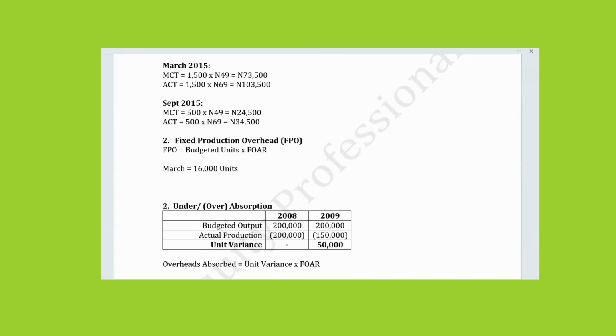So we need to divide it into 2. This will then be multiplied by 6 over 12. Okay, let me do it this way.